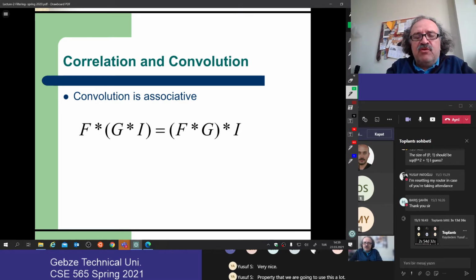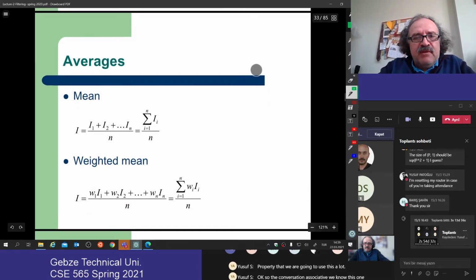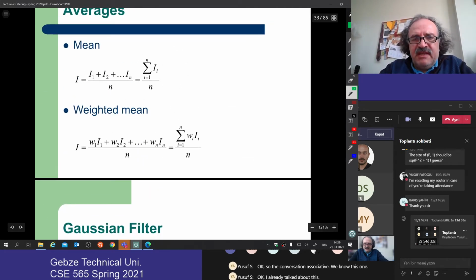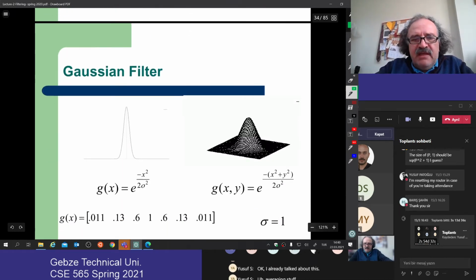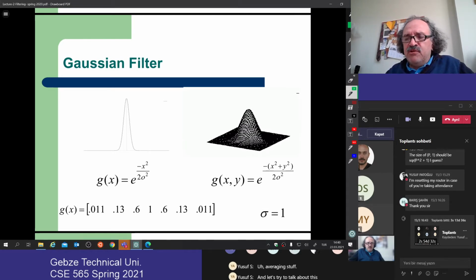Okay, I already talked about this averaging stuff, and let's talk about this Gauss distribution, and formalize filtering with Gauss distribution with the convolution.